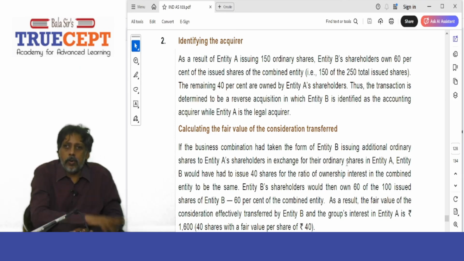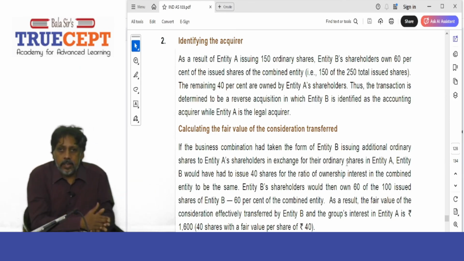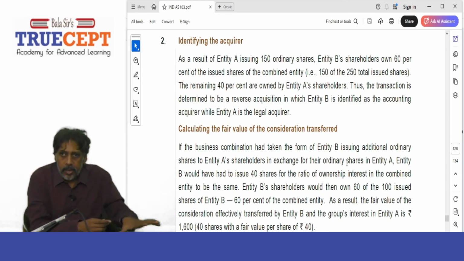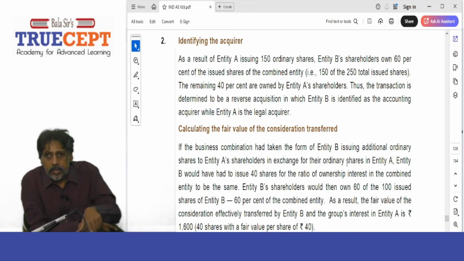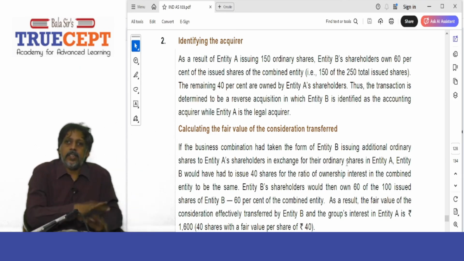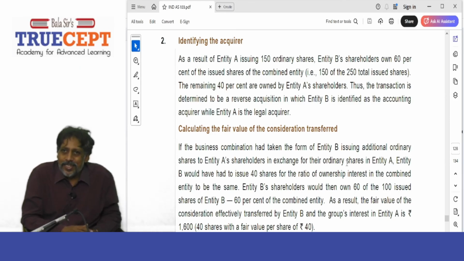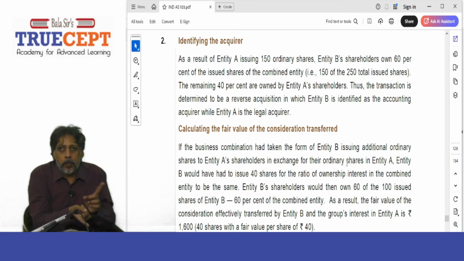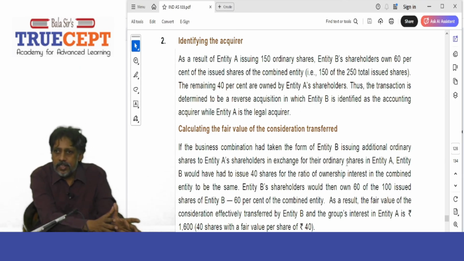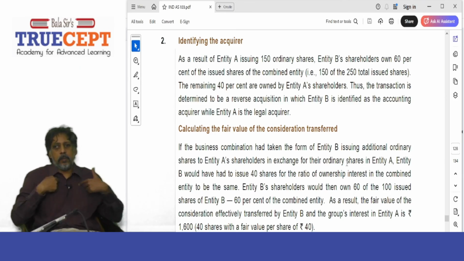That means you got to issue 40 shares to my shareholders, so that in the combined entity, even if B acquires A, you still have a 60% stake. Understood? Doesn't matter whether A acquired B or B acquired A, you should hold 60% stake. Understood? What about the balance 40% controlled by my shareholders?